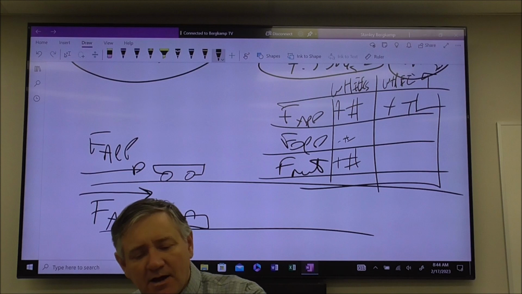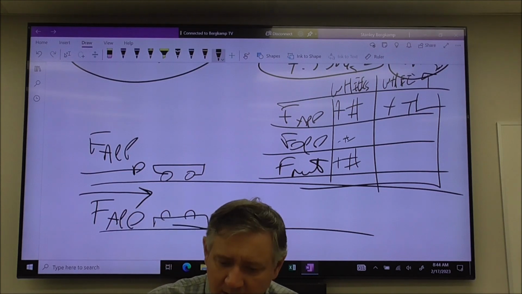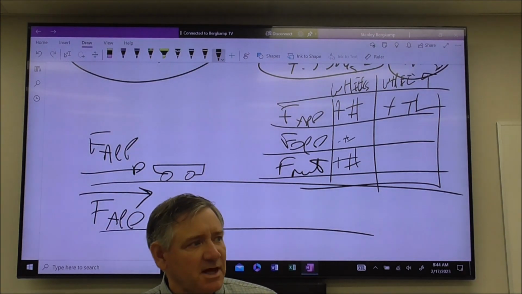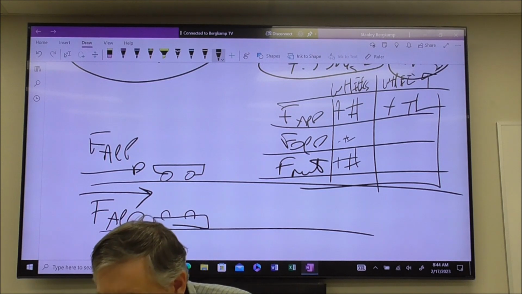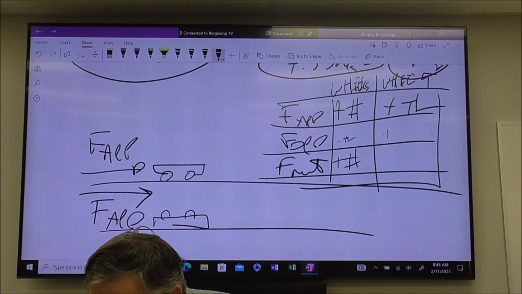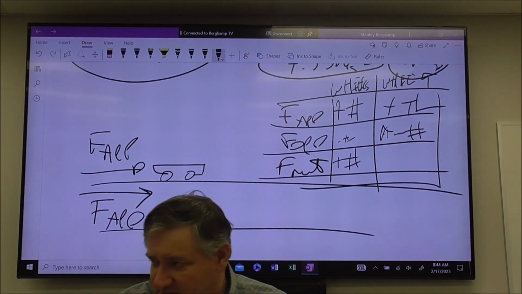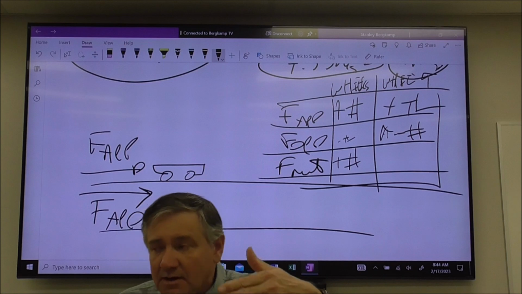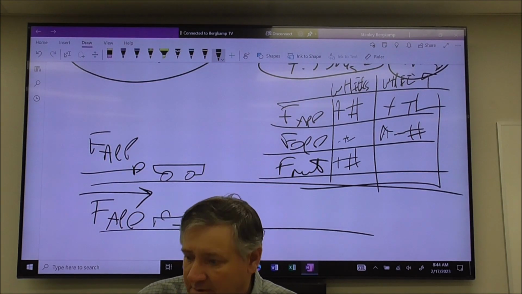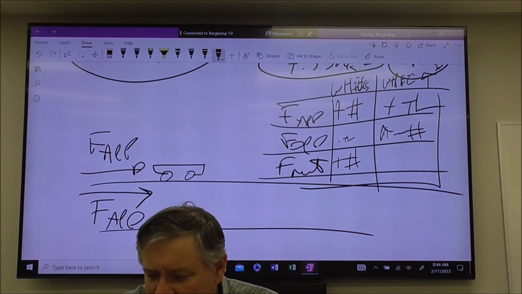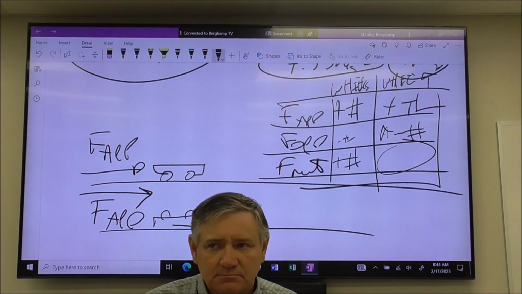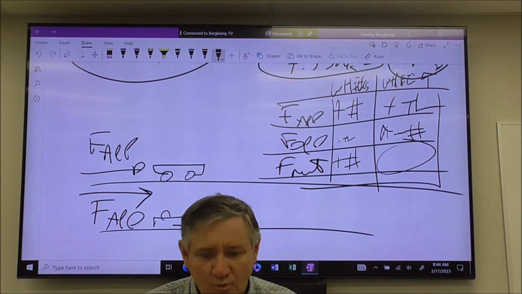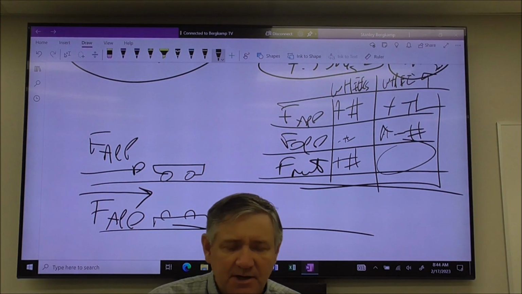Now, I flip it over. I push it with the exact same applied force, but now my opposing force is a much bigger negative number. Because if you consider your applied force to be positive, my opposing force is going to be a negative number. So what's going to happen to my net force?